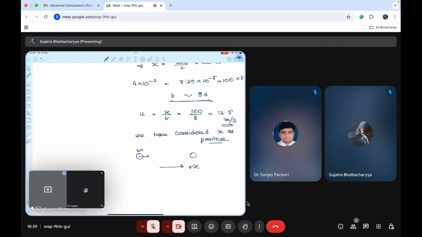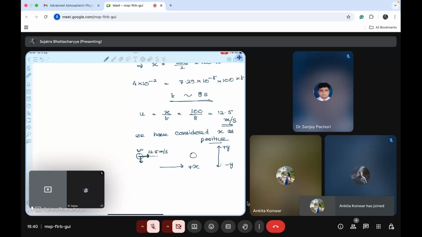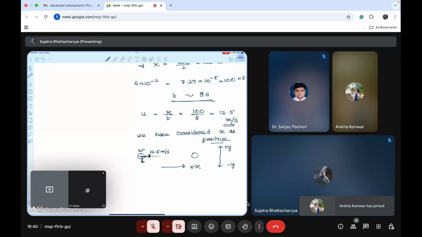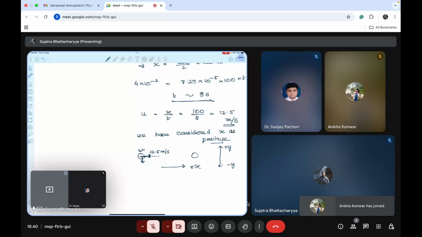So if this is x, this should be the positive y and this is negative y. When this ball is moving at some u, which is 12.5 meters per second, as time elapses there is a Coriolis force constantly acting in its perpendicular direction.